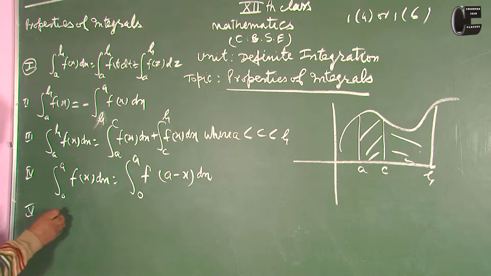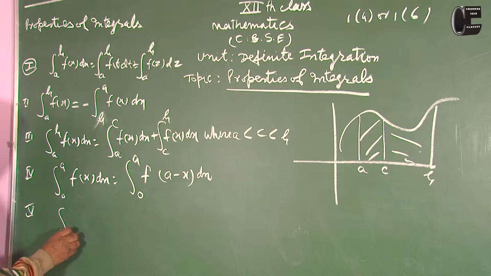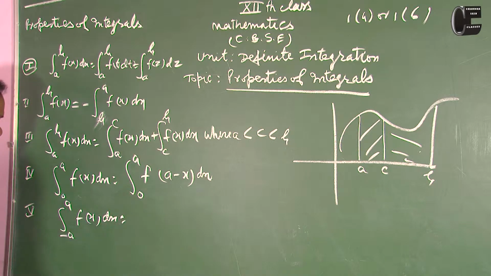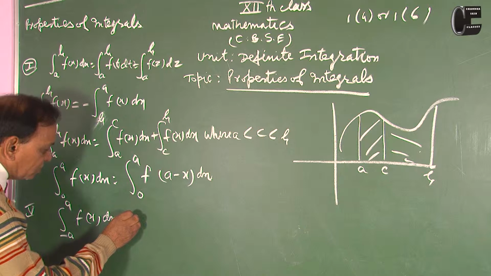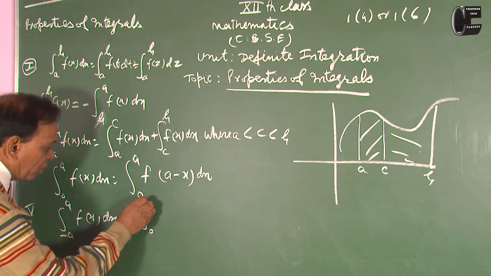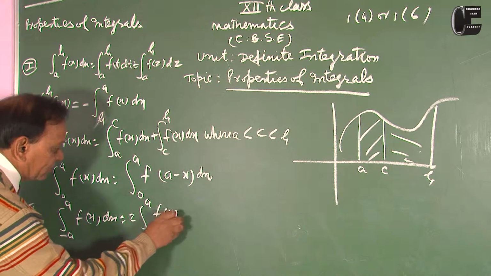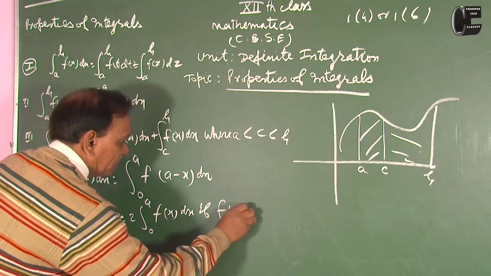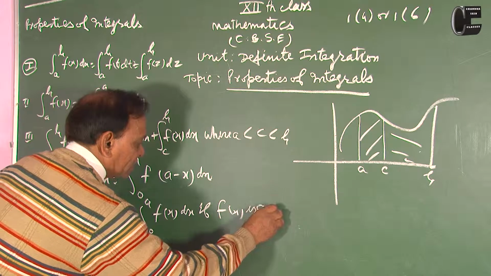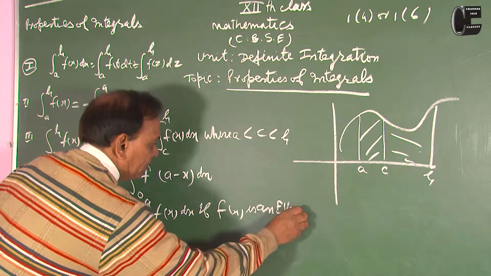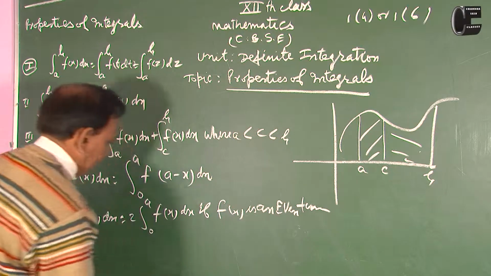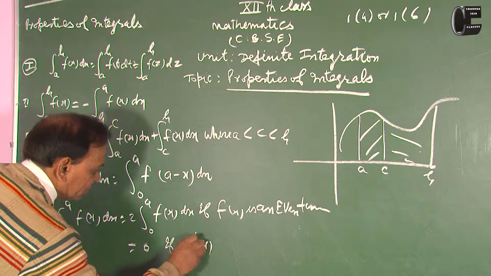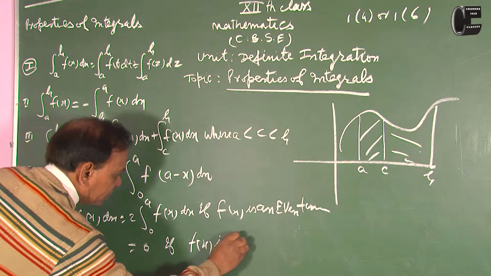Fifth property: integral from minus a to a of f(x) dx will be equal to 2 times integral from 0 to a of f(x) dx if f(x) is an even function, equal to 0 if f(x) is an odd function.